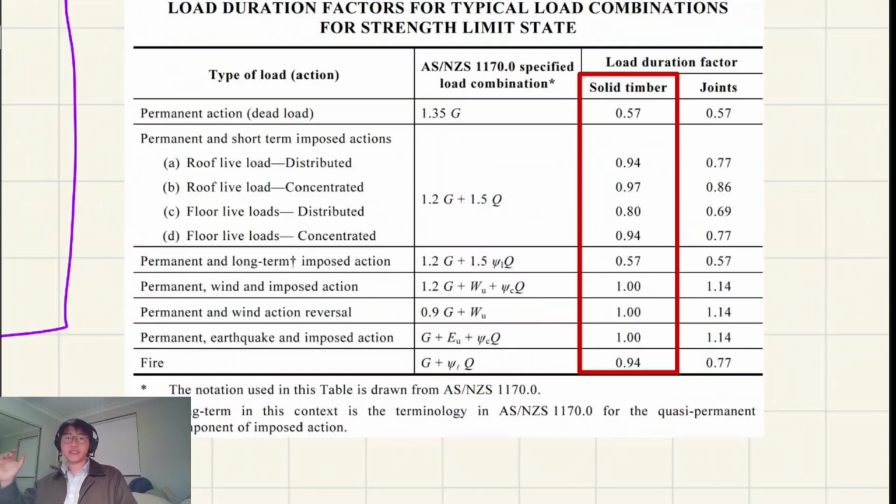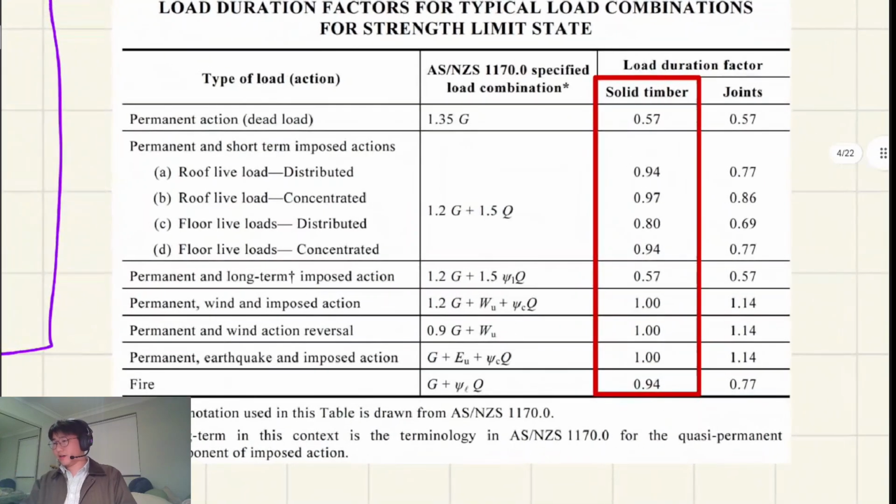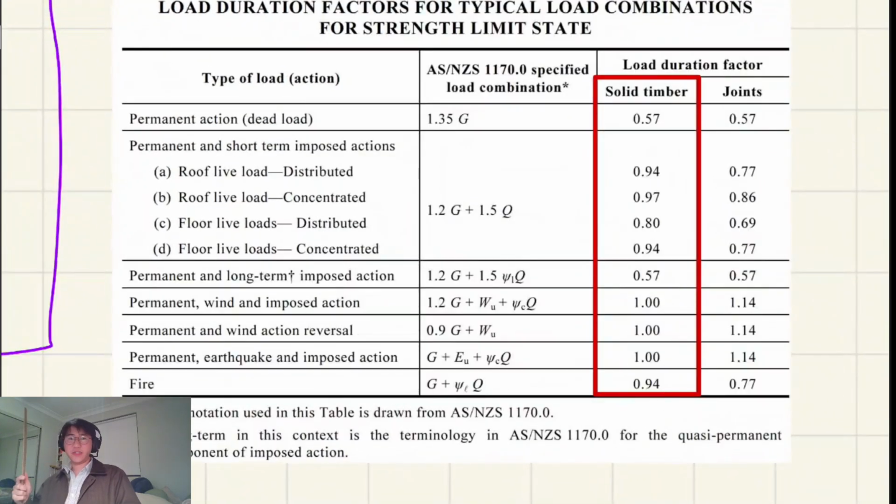and that varies significantly. So on the left here, you'll see dot points A, B, C, D. That's talking about whether your load is distributed over a roof or concentrated, like a point load in a single spot, or if it's happening on the floor, again distributed or concentrated. You can imagine there are different kinds of live loads applied in real life on a roof versus on a floor.